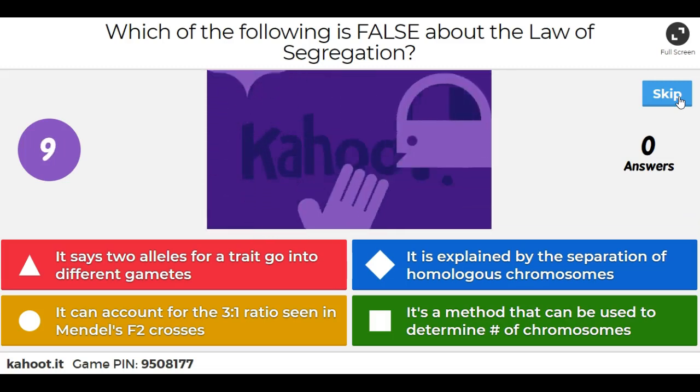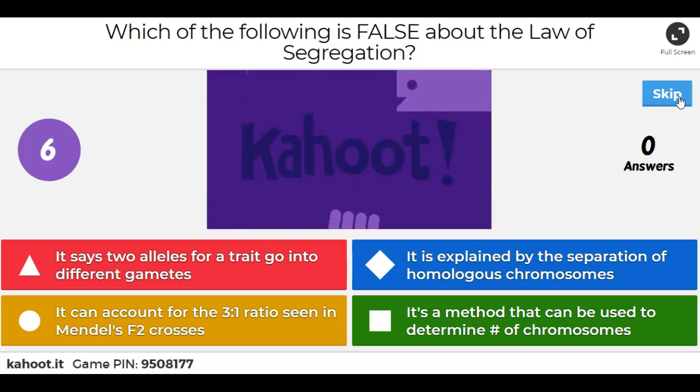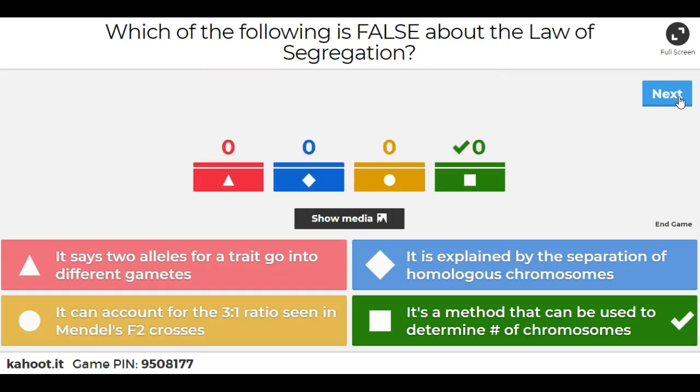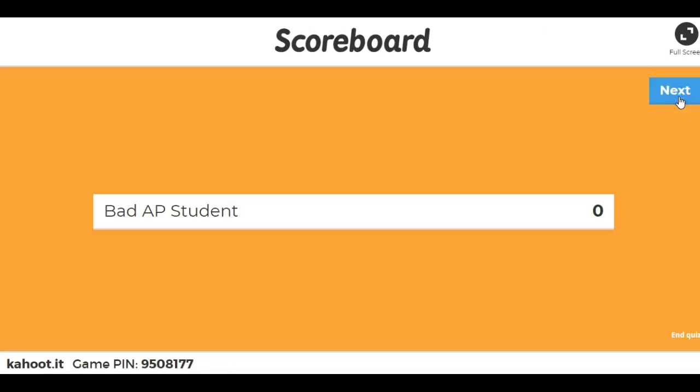About 10 seconds left. So the law of segregation talks about all of these things, except it is obviously not used to determine the number of chromosomes within a cell. So I'm doing terrible at this, but that's on purpose so we can keep our timing correct.